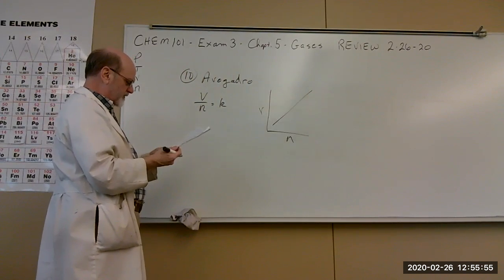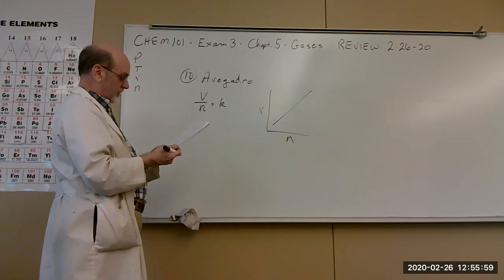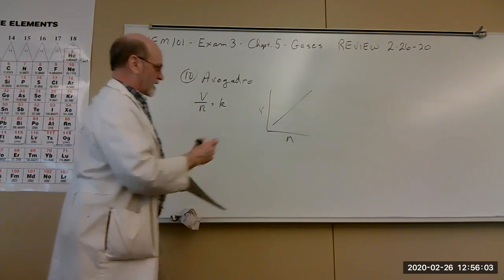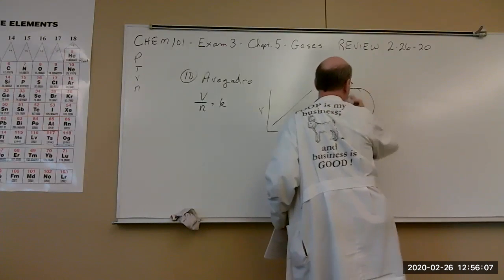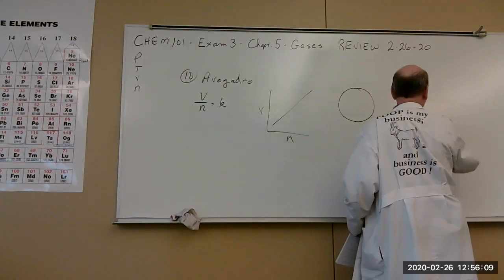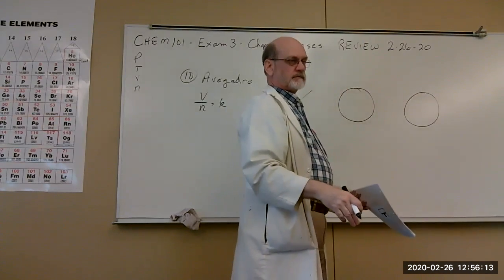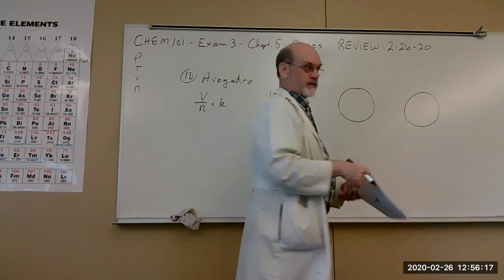Equal amounts of gases occupy the same volume at constant temperature and pressure. Okay, this is a modification of Avogadro's law, and it's based upon this premise. If you have two volumes of gases, doesn't matter what they are, a gas is a gas is a gas. We're talking about ideal gases.